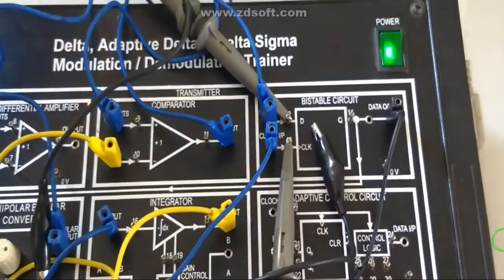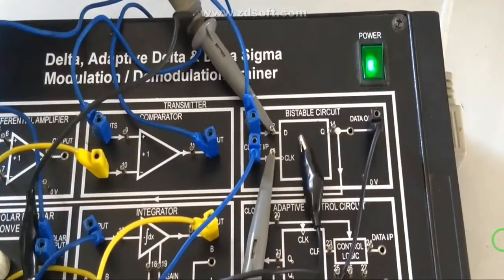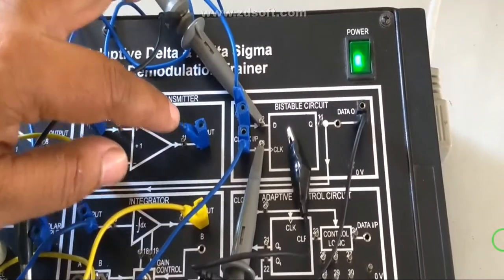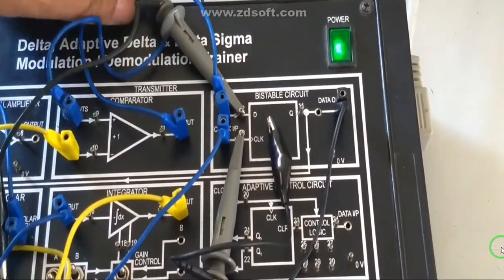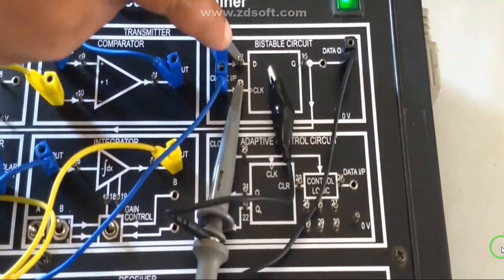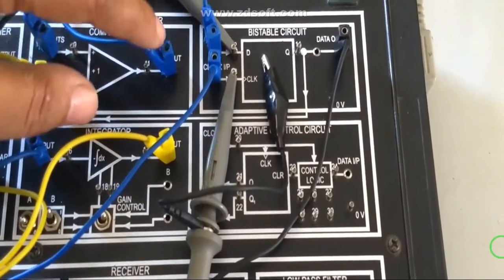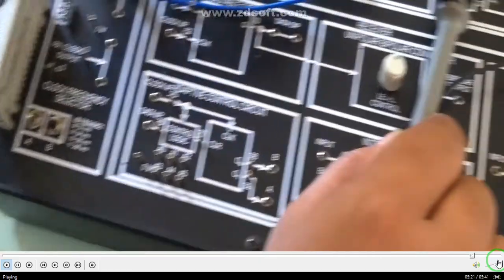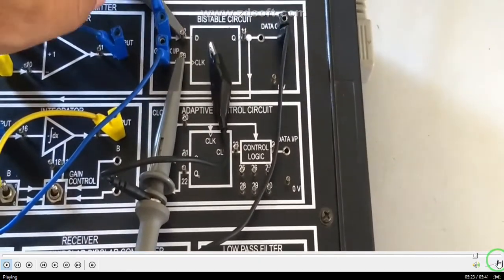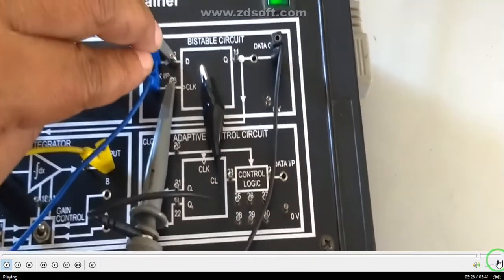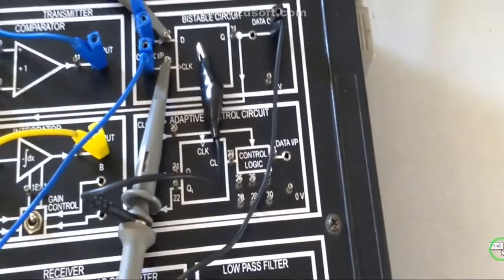We can also compare the data input, that is the output of this comparator that we have connected to this D flip-flop. So we are going to observe the clock signal, which is right now at 32 kilohertz, and the output of your comparator. We are going to observe the waveform on the CRO.